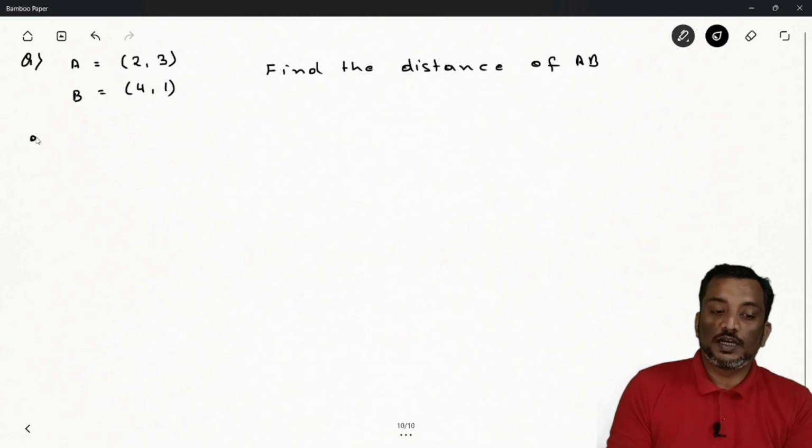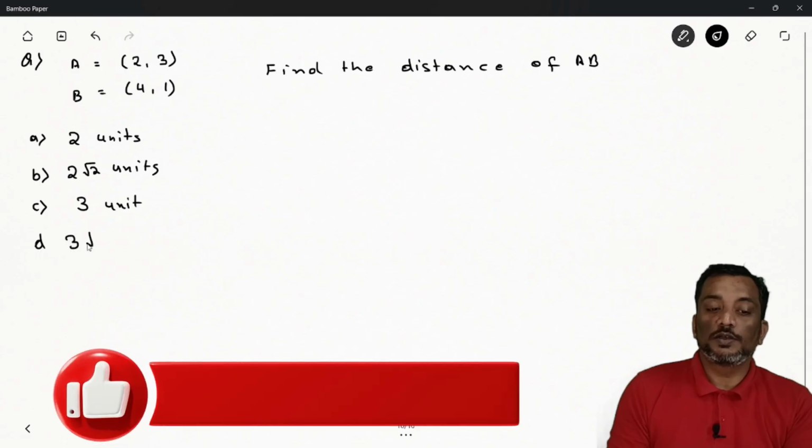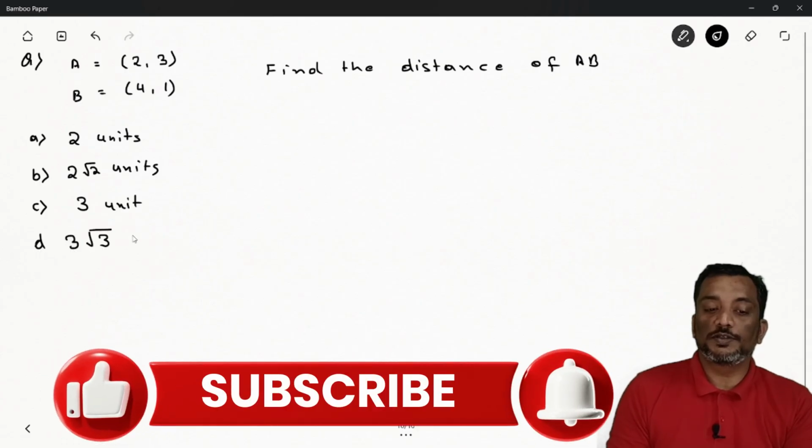The options I'm giving here: A is 2 units, B is 2 root 2 units, C is 3 units, and D is 3 root 3 units.